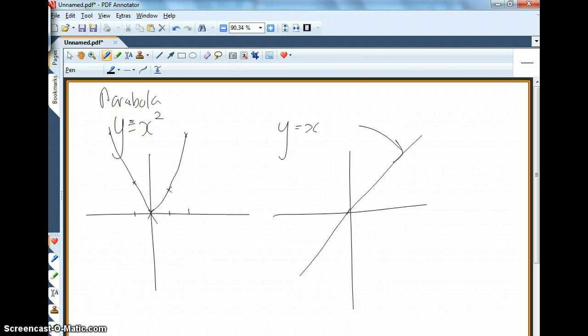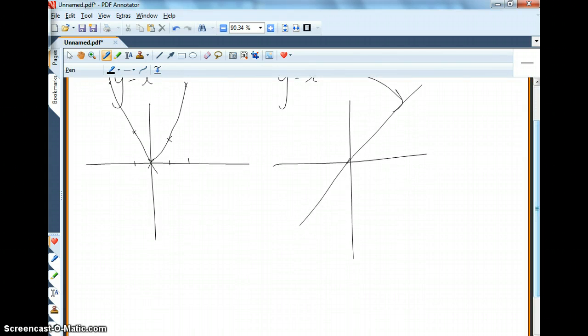Now, let's say, for instance, you weren't aware that that's the basic parabola. Remember, we could go back to our old technique of giving ourselves a few x values. So I'll stick with the traditional -2, -1, 0, 1 and 2. And remember, y is equal to x squared.